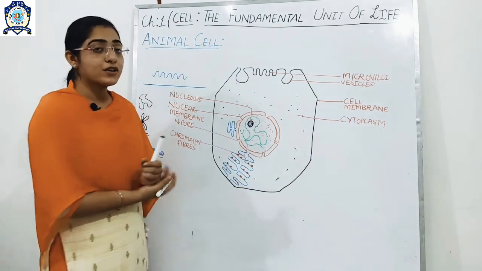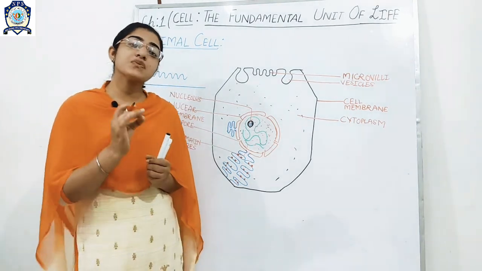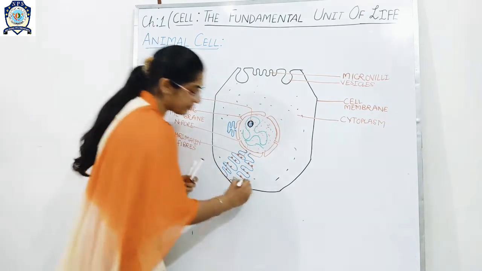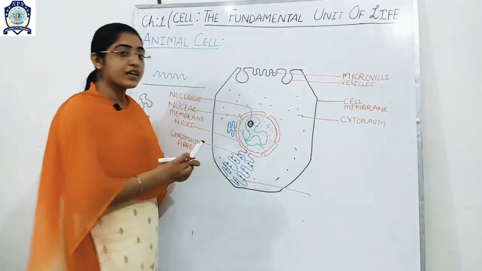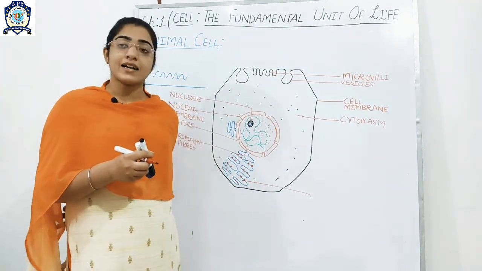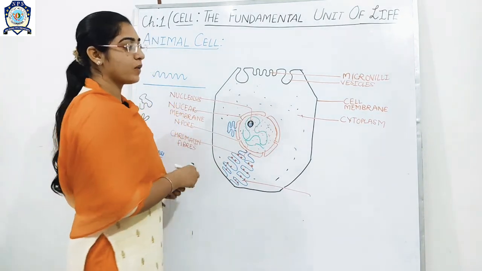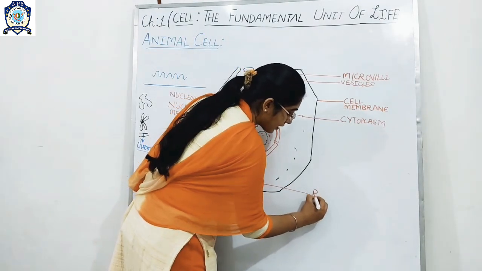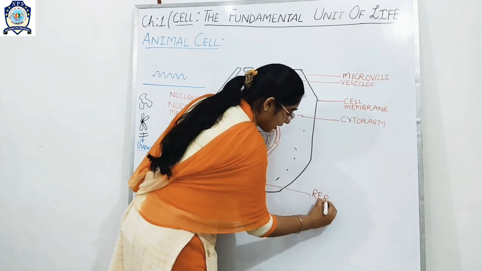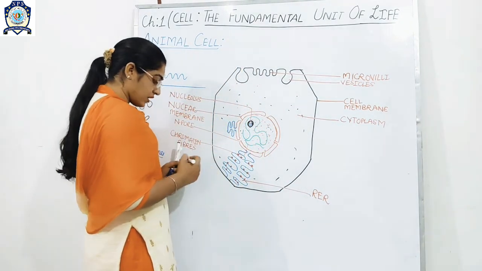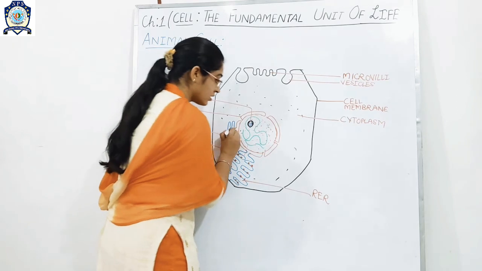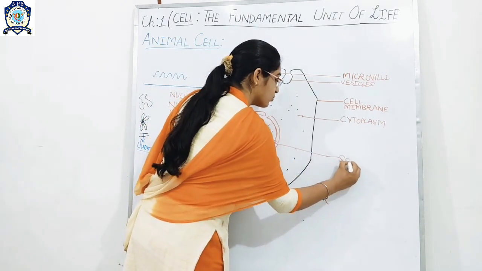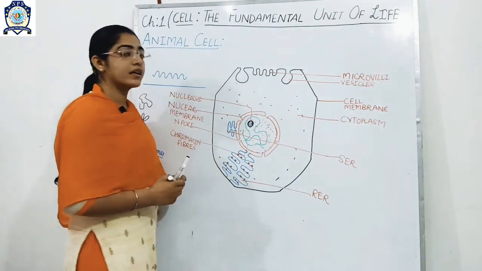The endoplasmic reticulum which is with ribosomes is called the rough endoplasmic reticulum, and the one which is without any ribosomes is called the smooth endoplasmic reticulum. So in this way you have to label it.